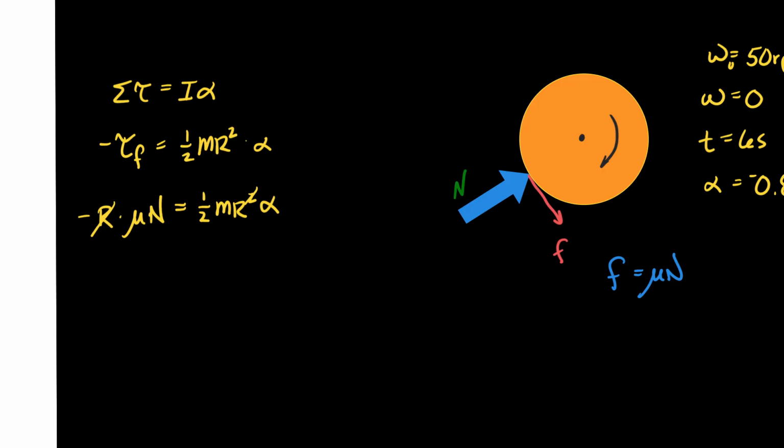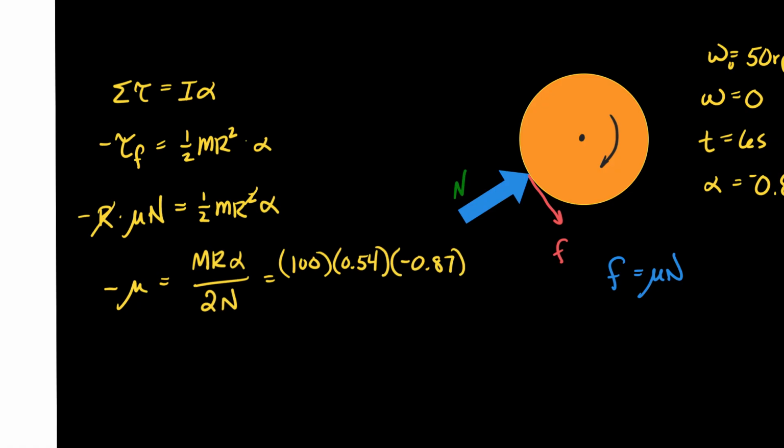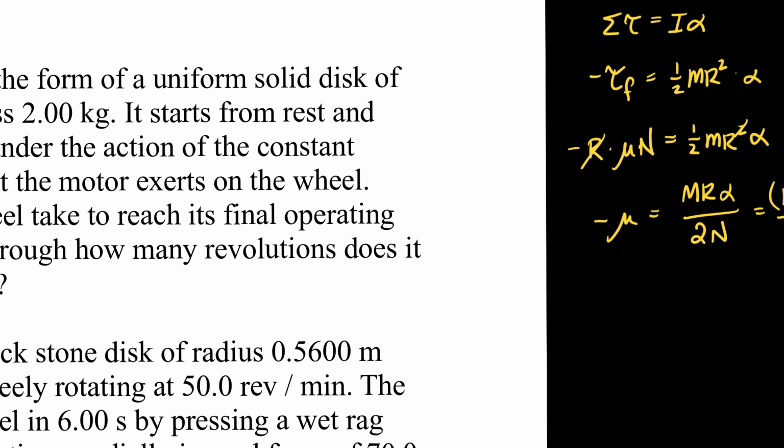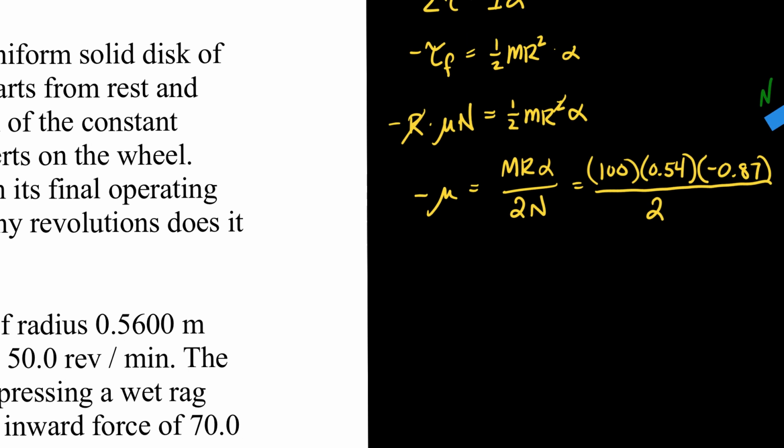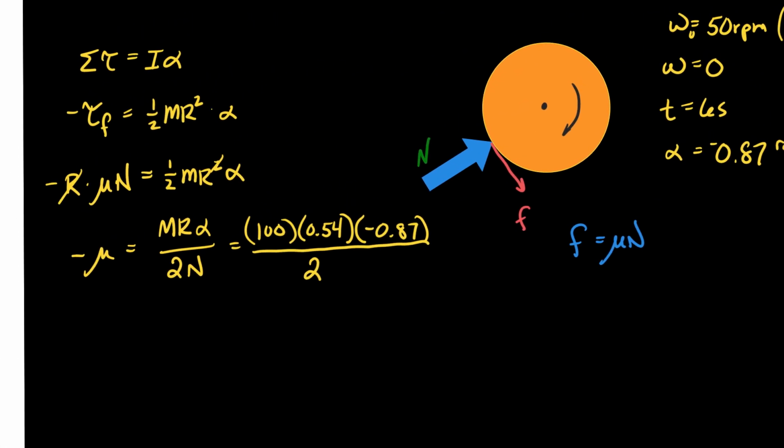We're looking for mu, so I'll have negative mu equals mr alpha over 2 times the normal force. I believe it was a 100 kilogram wheel with a radius of 0.54 meters and an alpha of negative 0.87, all divided by 2 times, and I don't remember what the normal force was, but I believe they told me 70 newtons. Okay. So 2 times 70.